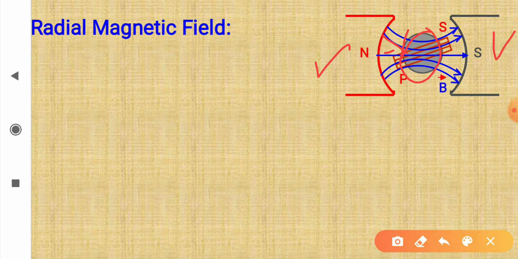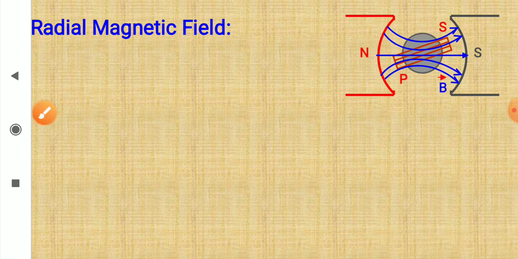This grey part is the soft iron core, and the property of soft iron core is that it attracts magnetic field lines. So magnetic field lines start at the North Pole and are attracted by this soft iron core. They enter inside it and then are attracted by the South Pole. In this way you get magnetic field lines like this one.